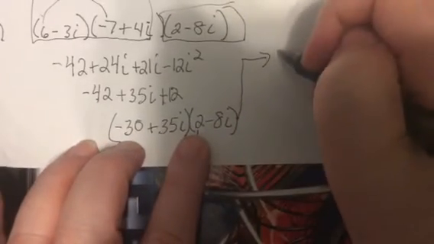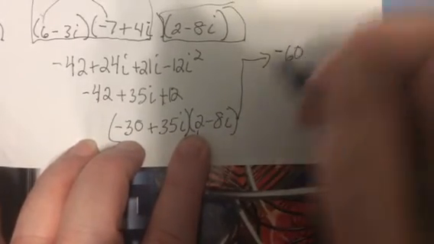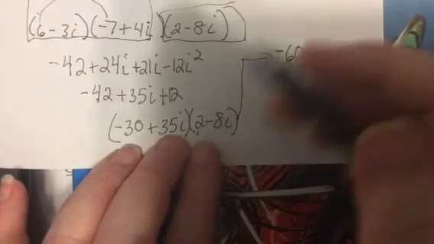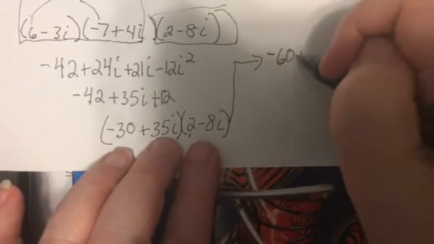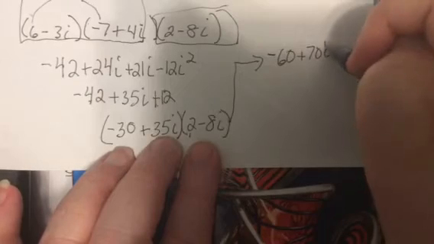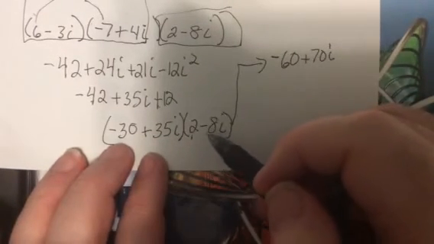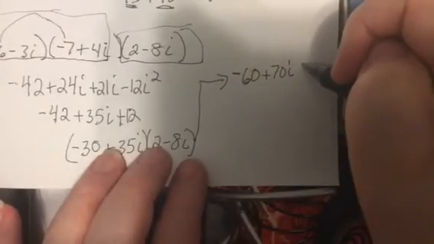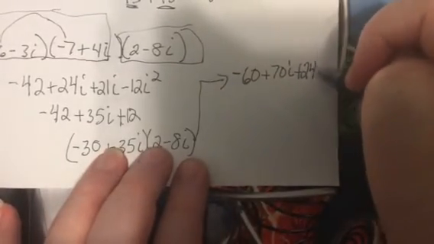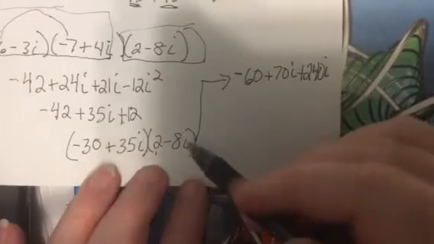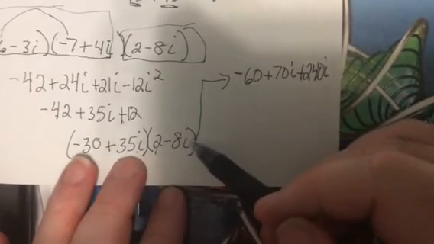-30 times 2 is -60. 70i. Sounds like I'm a cool kid saying it. And then that's a plus 240i. Holy cheese. And then 35i. Uh-oh.